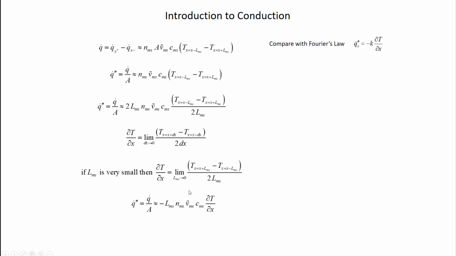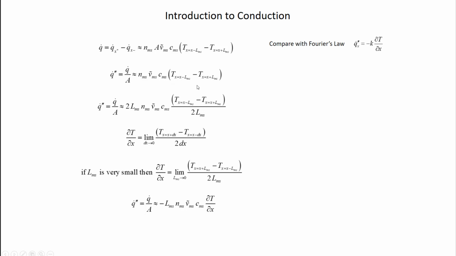So if I think about what calculus says, Calculus says that the temperature derivative is the limit of the temperature at some position right ahead of x by dx, minus the temperature at some position behind x by dx, right? The difference between those two temperatures divided by 2 times dx in the limit as dx goes to 0, right?